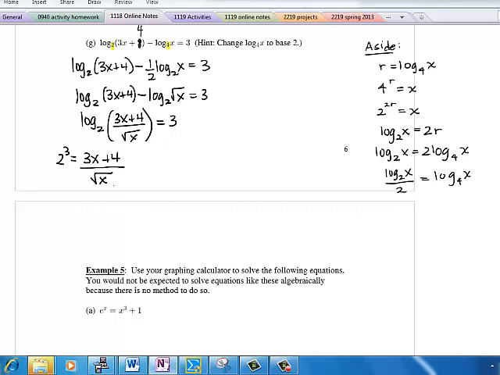And then multiply both sides by the square root of x. So we'll have 8 times the square root of x equals 3x plus 4. And then I guess we'd want to square both sides to undo this square root.